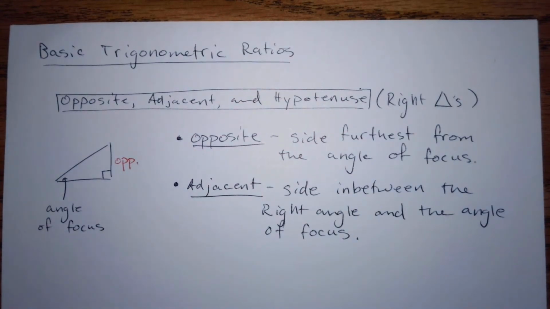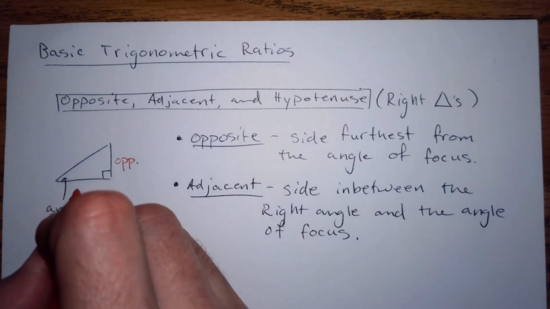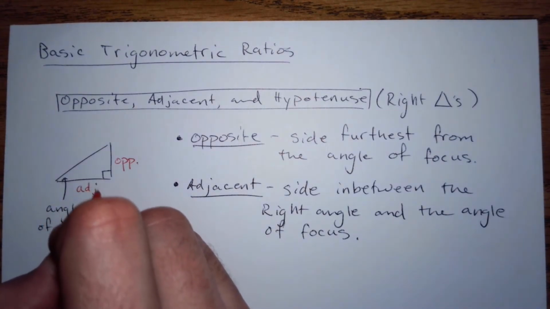That means, well, here's my angle of focus, here's my right angle, the side in between. It's the whole side that I'm labeling, not like a midpoint, not the middle of it, the whole entire side. It's just on one end I have the angle of focus, on the other I have the right angle. So this is going to be the adjacent side.